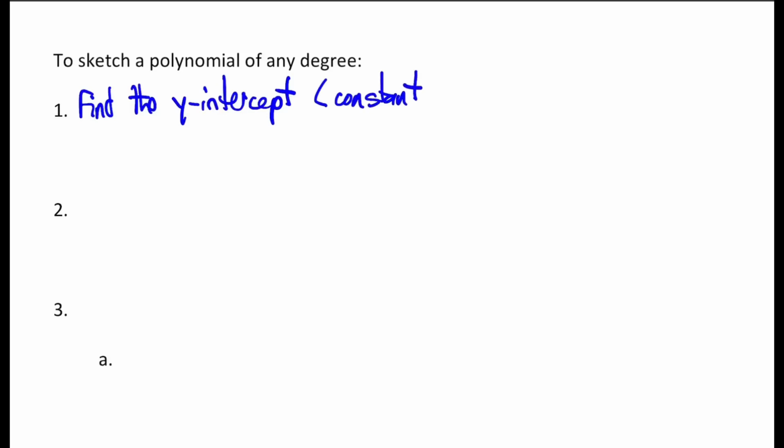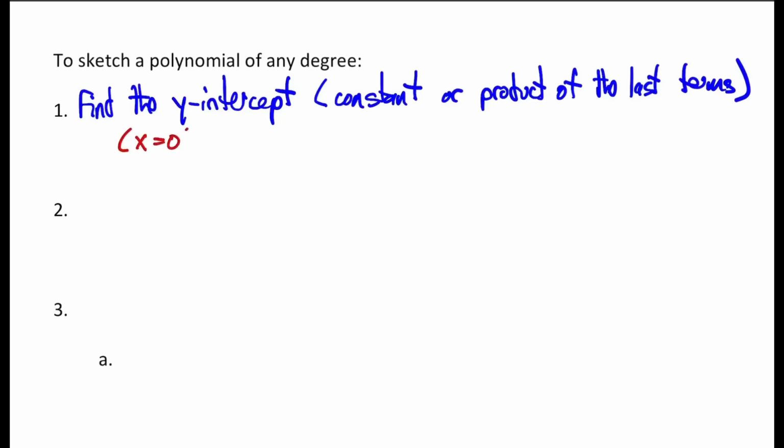That's the easy way. Or if it's factored, it's going to be the product of the last terms. And remember, to get this, it's basically when x equals 0. So you can set x equal to 0, and whatever's left, there's your y-intercept. That's probably the easiest way to think of it.